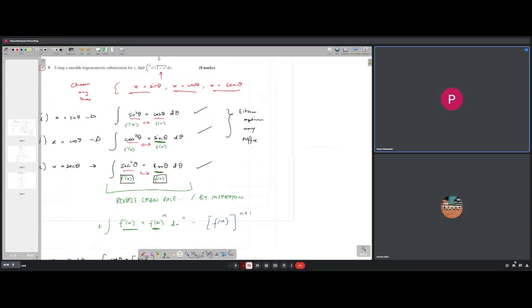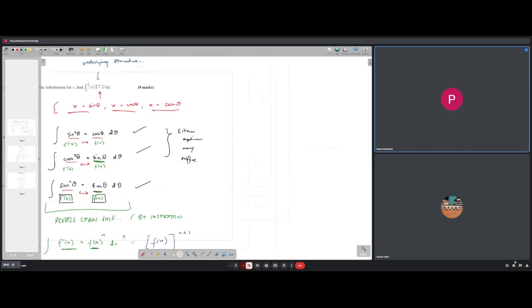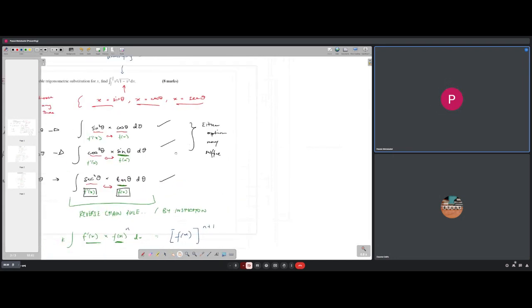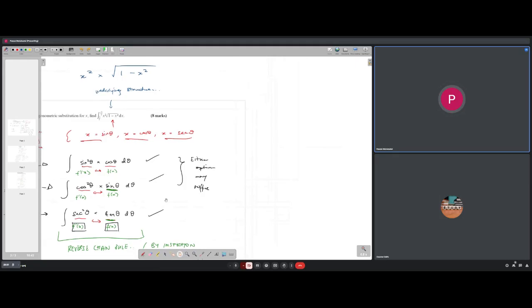So, I just realized we technically did solve this integral just now. We didn't substitute the limits in. With this question, we said let's use x is equal to sine theta.